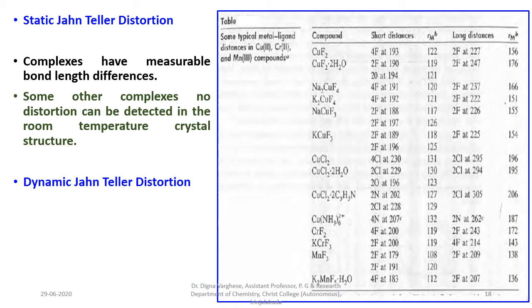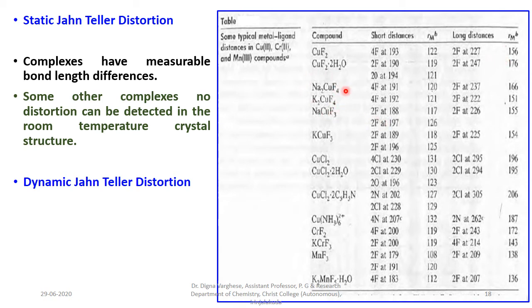Copper complexes are shown here, some chromium or manganese complexes are here, and the short and long distances are shown in the table. In this copper fluoride complex, the compound exhibits a short distance at 193 and a long distance at 227 pm.